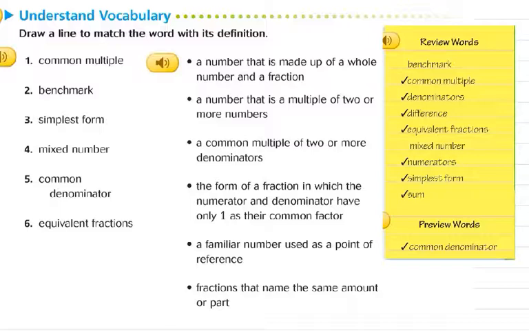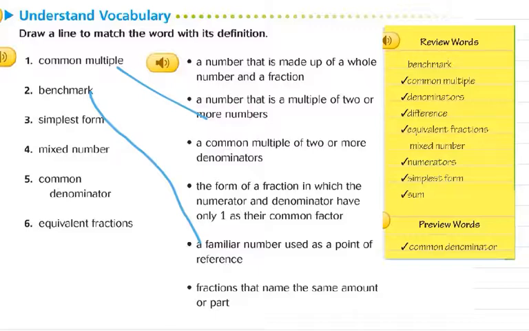So, a common multiple, boys and girls, is a number that is a multiple of two or more numbers. Number 2, benchmark. Benchmark is a familiar number used as a point of reference, and that's a word that we've used a little bit more this year in 5th grade. Number 3, simplest form.